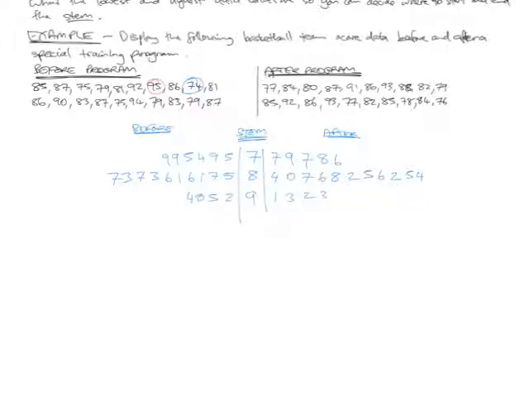You've got 5 numbers only on the 7 stem on the after, so there are more numbers in the 70 stem before training, so already it looks like there are fewer scores between 70 and 80. 1, 2, 3, 4, 5, 6, 7, 8, 9, 10, 11.